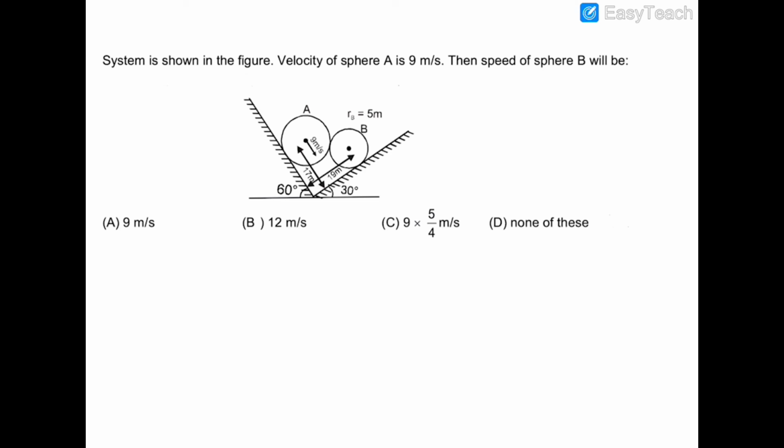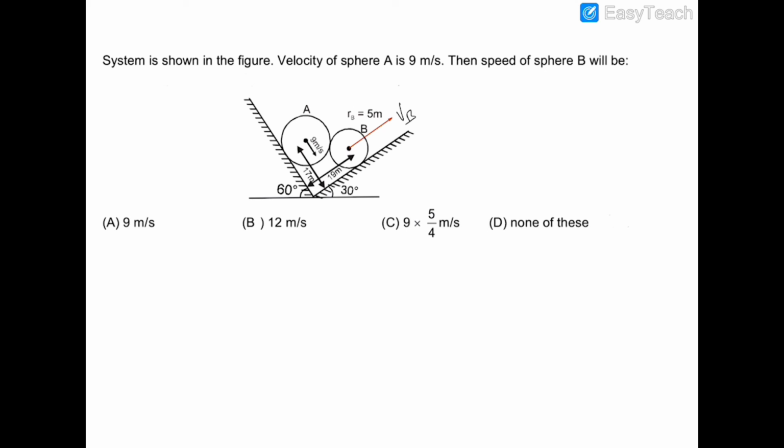We can see that sphere B will move along the direction parallel to the inclined plane, due to the fact that it is in contact with this rigid and immovable contact. So its velocity will be parallel to this contact also. Let us assume its velocity to be VB.